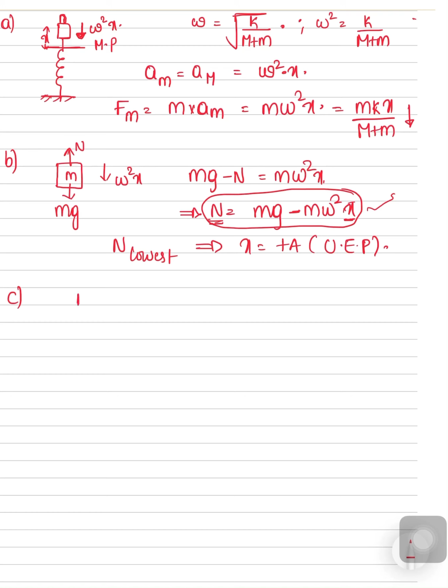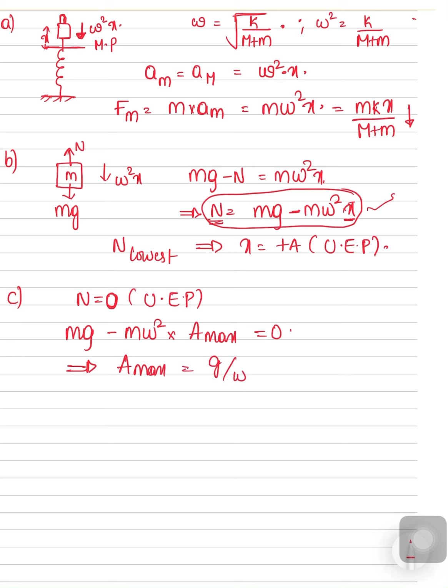So the maximum we can go up to is a condition where the normal reaction can be 0 at the upper extreme position, which implies mg minus m omega square into a max, the maximum amplitude without separation, will be equal to 0. So from here you will get a max equal to g by omega square.